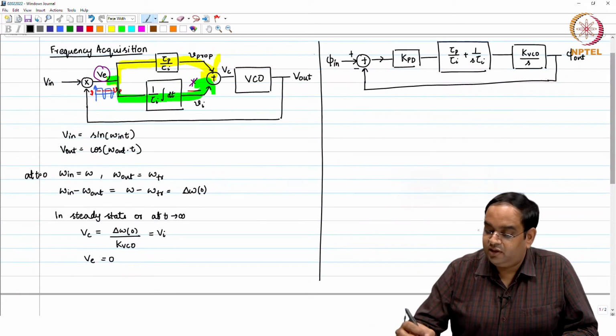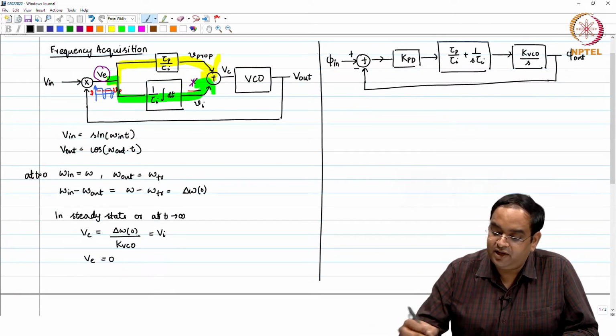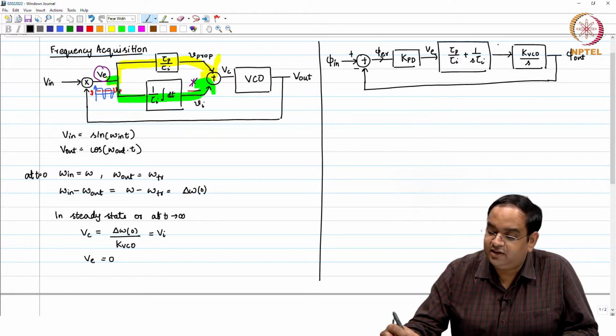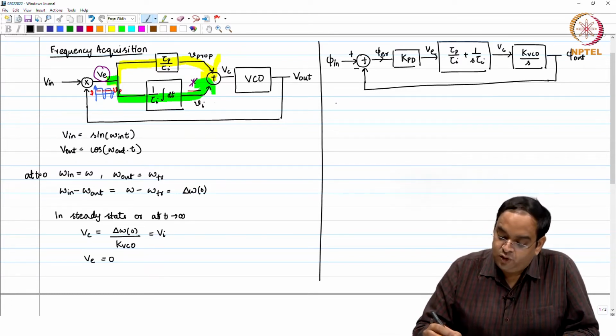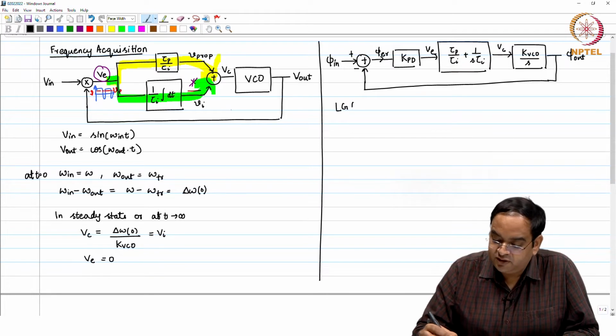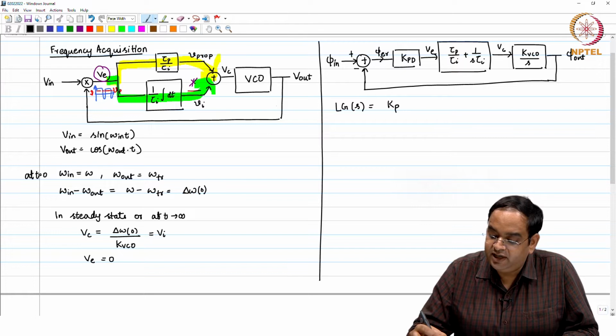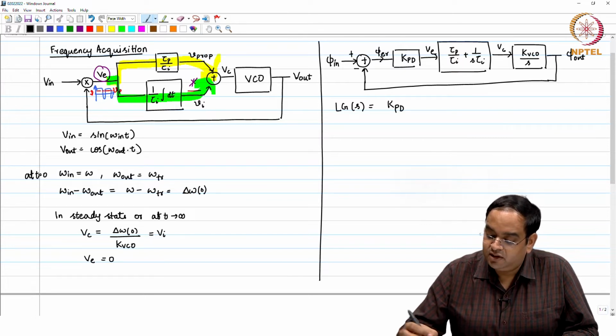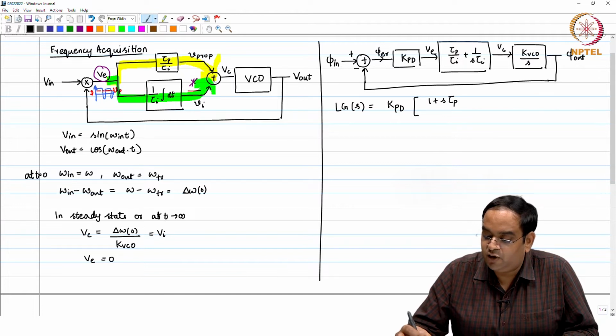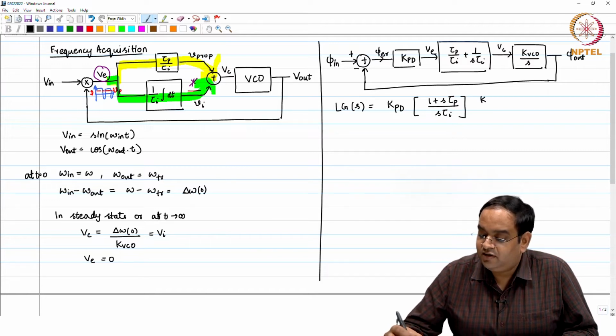In this small signal model of the PLL, this is phase error, this is voltage error, and this is control voltage. The loop gain of this small signal model of the PLL is KPD times your loop filter transfer function, which is 1 plus s times tau p divided by s tau I, and k VCO over s.